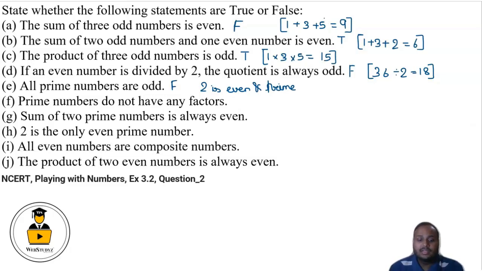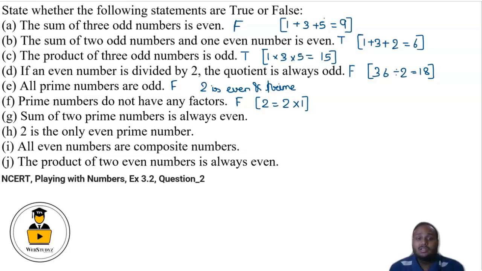Now in the F part, it is said prime numbers do not have any factor, which is also false. Prime numbers do have factors, like 2 is a prime number. So 2 has its factors as 2 itself and 1. Every prime number has the factors itself and 1.